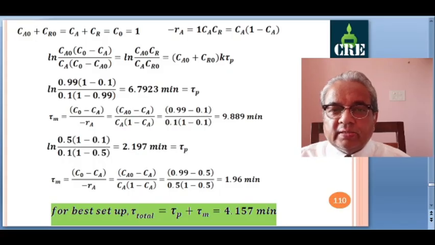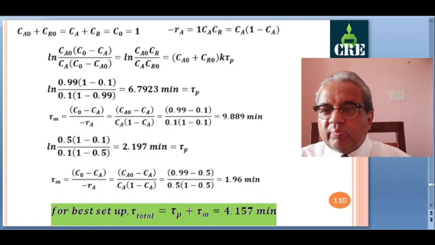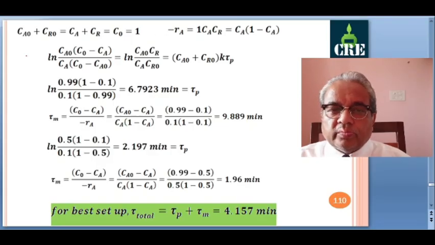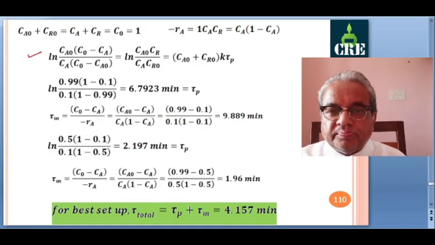So here Cr0 plus Ca0, which is Ca plus Cr, is C0, that is 1, that we know. Minus Ra is K, given as 1, so 1 into CaCr. Cr is 1 minus Ca, so it is Ca into 1 minus Ca, the minus Ra value. Here Ca0 is 0.99, that is given, so we have substituted it here.